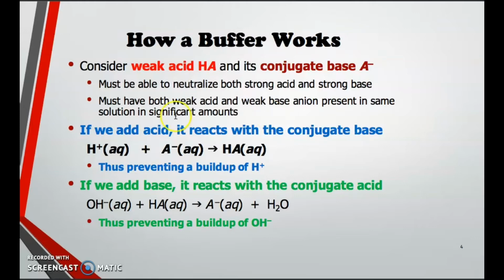For example, if we add acid, it reacts with the conjugate base, thus preventing a build-up of hydrogen ion. If we add base, the hydroxide ion, it reacts with the conjugate acid, thus preventing a build-up of hydroxide ion.